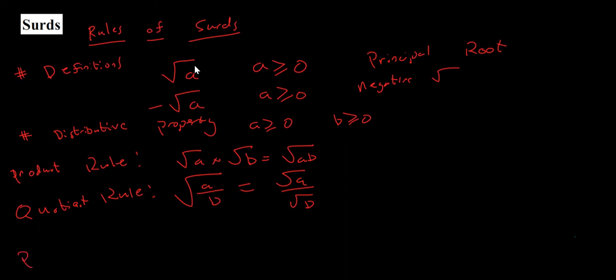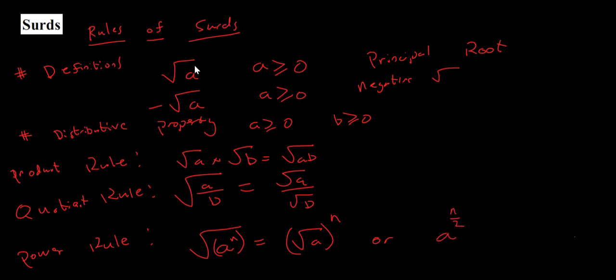And let's put the power rule in, where we have the root of a to the n is the same as the root of a, or we can write this as a to the n over 2. I'm going to put this in a little box here. The root of a can be written in exponent form as a to the half.